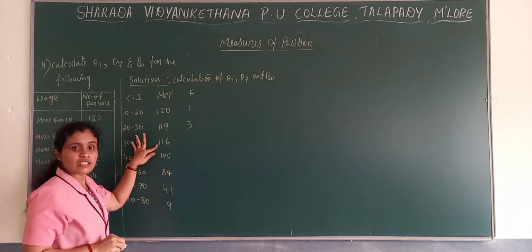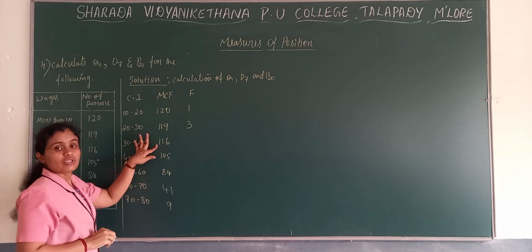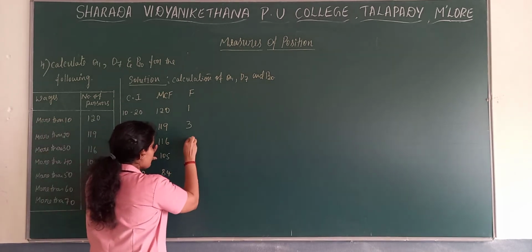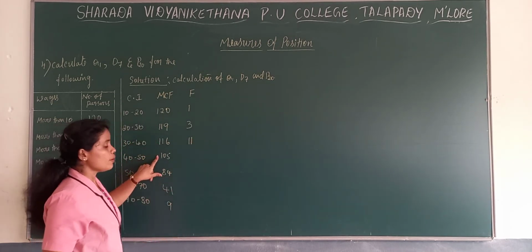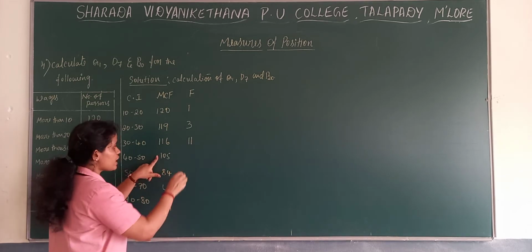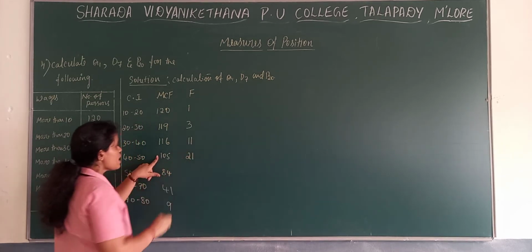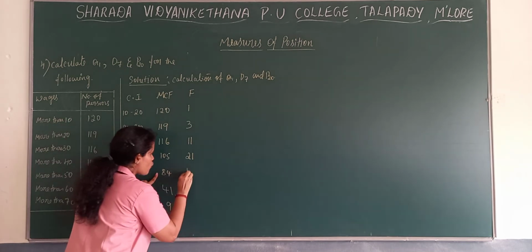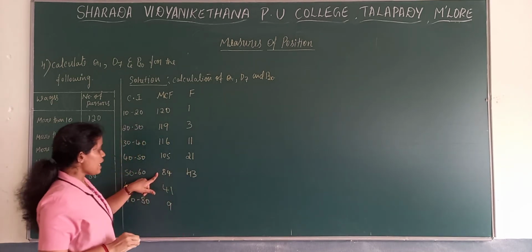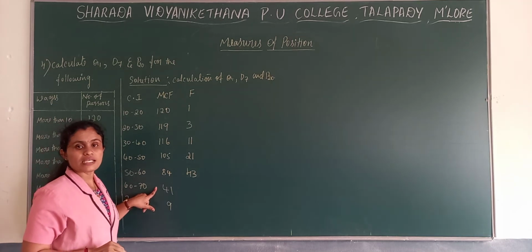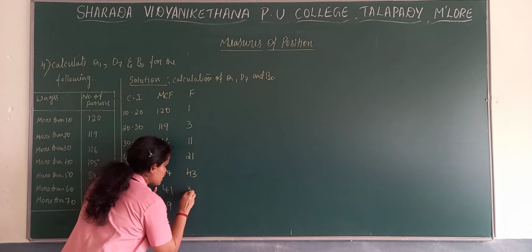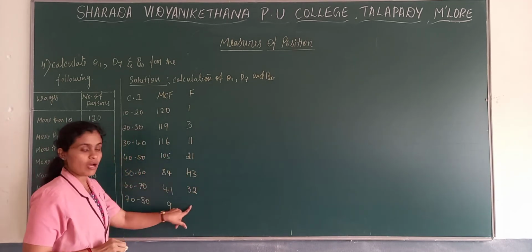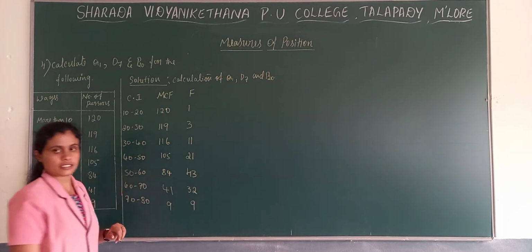Next 116 minus 105, we get 11. Next 105 minus 84, we get 21. Next 84 minus 43... 84 minus 41, we get 43. And 41 minus 9, we get 32. And the last one, right, as it is.